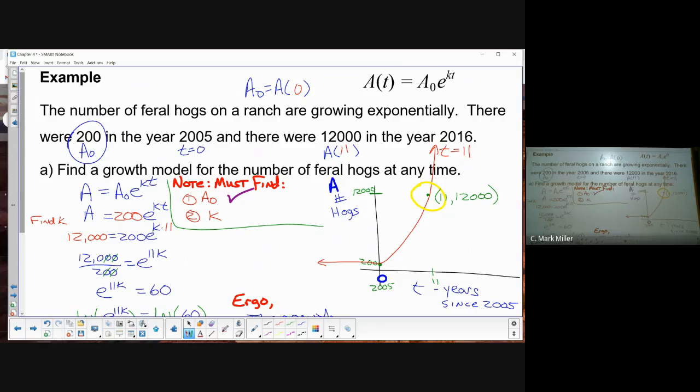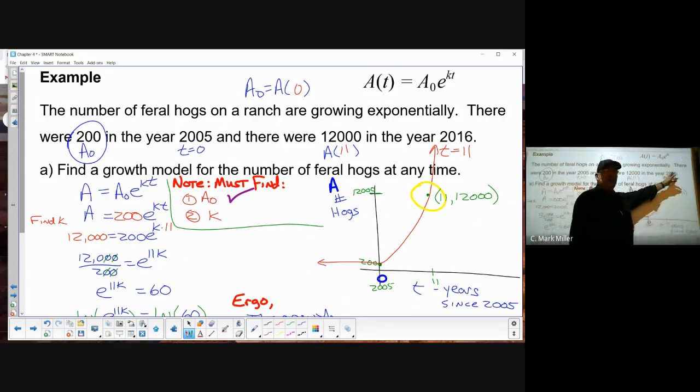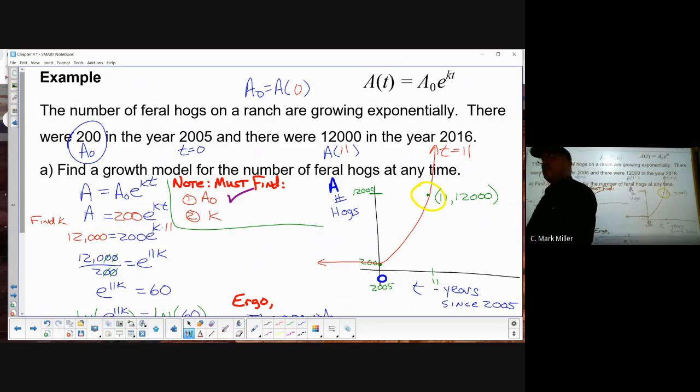So I find the components. I label 2005 as t equals 0, 2016 as t equals 11. 200 is how many hogs I have at time 0. That's A0. 12,000 is how many hogs I have at year 11.